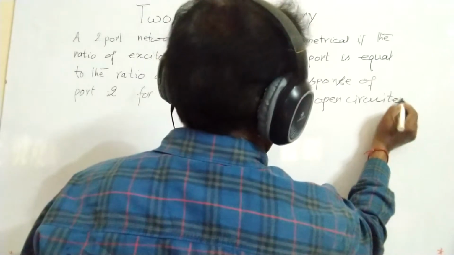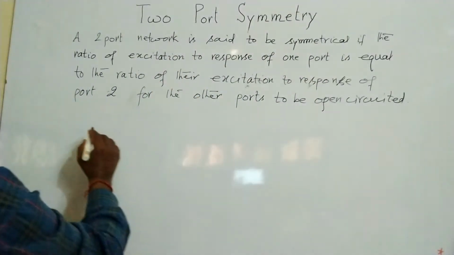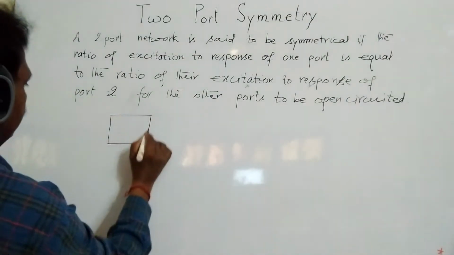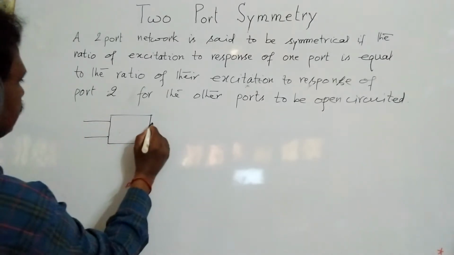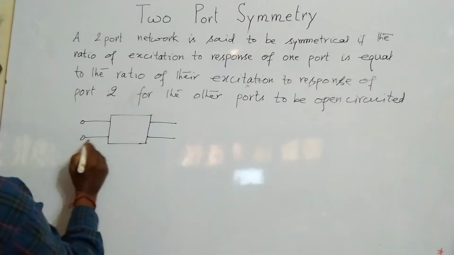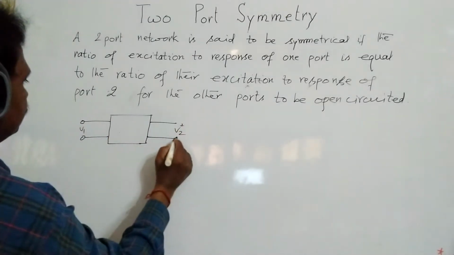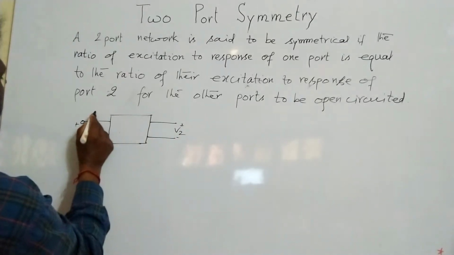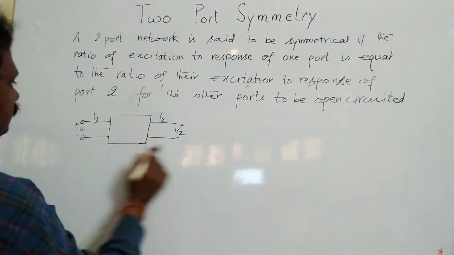Let us try to understand this thing in detail. Suppose we have a two-port network. Obviously, it has two pairs of terminals, first V1, I1, and I2, V2.